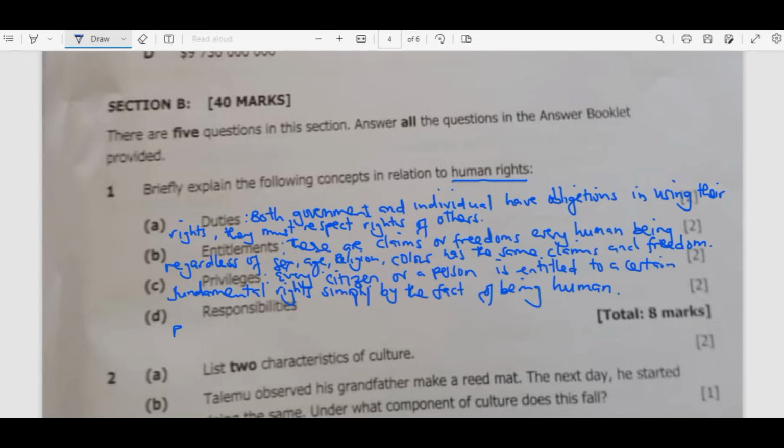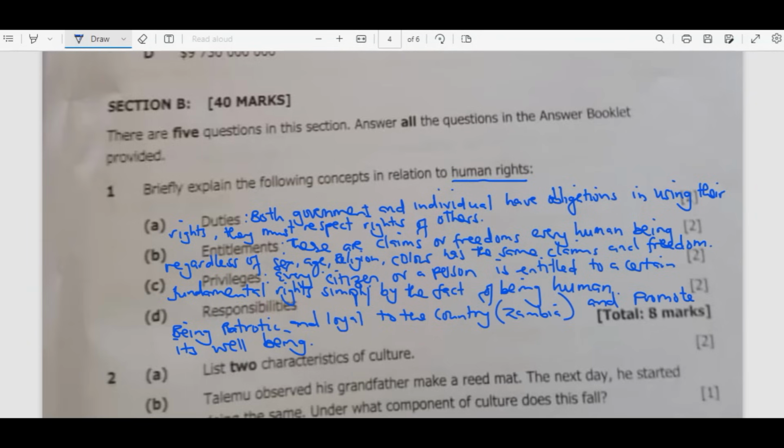So we can say being patriotic and loyal to the country, in this case, Zambia, and promote its well-being.